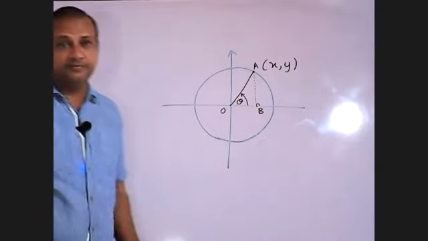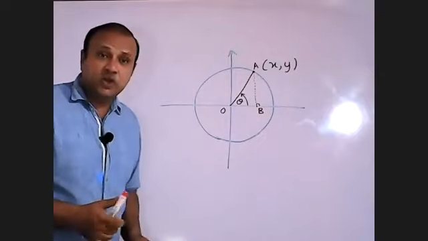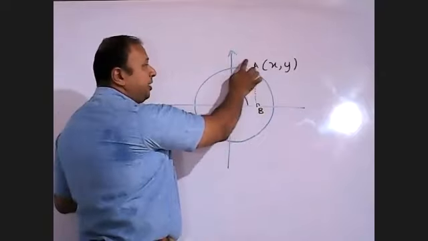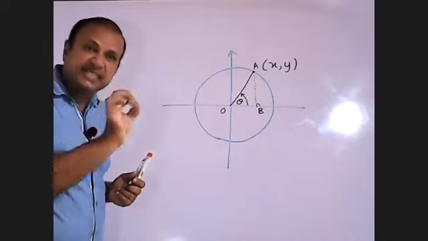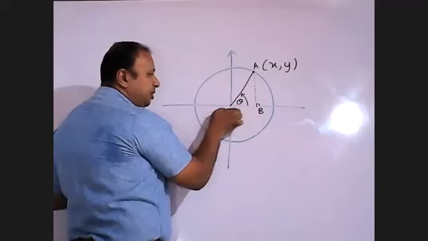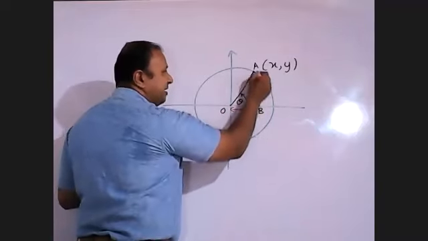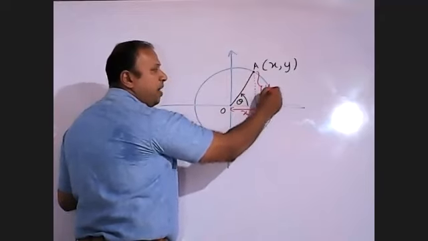Yeah, very good. The OB length is x, because the Cartesian coordinate of point A is x comma y. X comma y means this length should be x, and this length should be y.